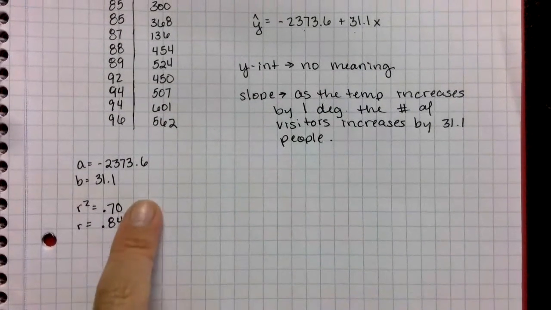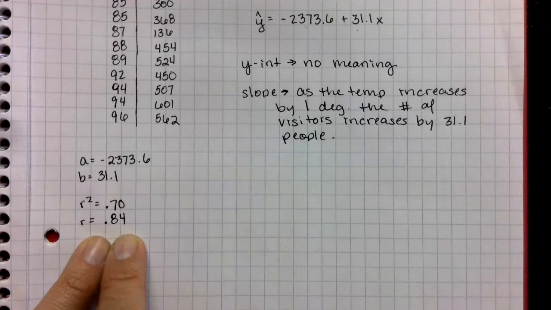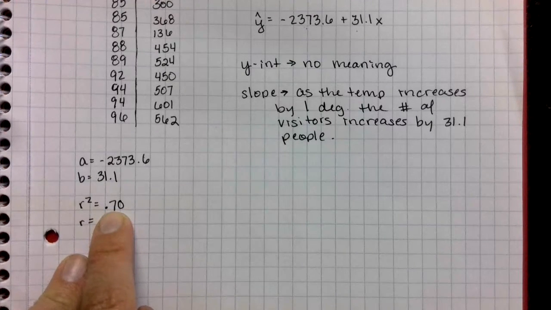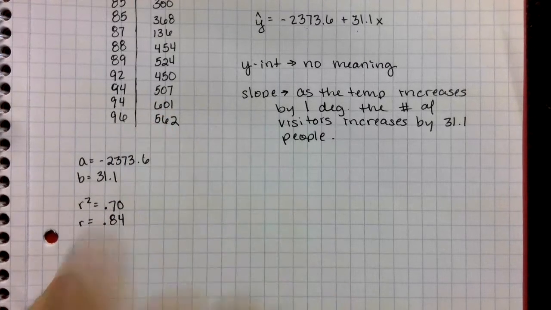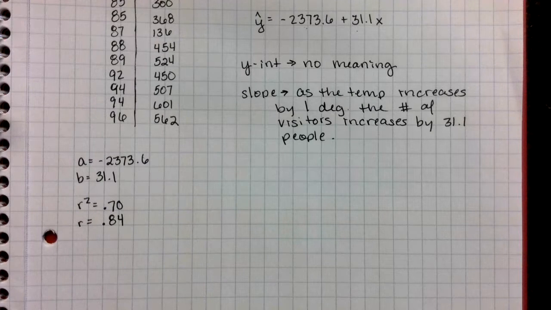Okay, and you can see from our r and r squared value, r was 0.84, so positive, and this actually puts it in the strong category. And then a coefficient of determination, 70% of the variation in visitors can be explained by the relationship between these two values.